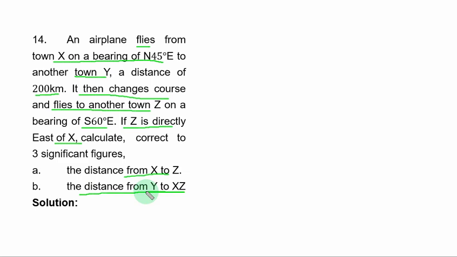Solution. We said that in practical bearing problems, we make use of 3-digit bearing. So if you convert this one to 3 digits, you have 045 degrees. You convert this one also, you have 120 degrees. The movement starts from town S on a bearing of 045 degrees to town Y. Let's attend to that first.